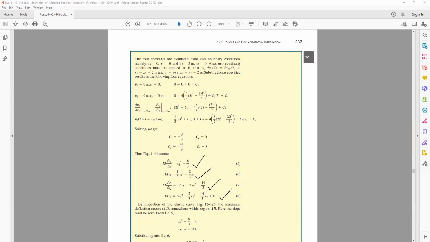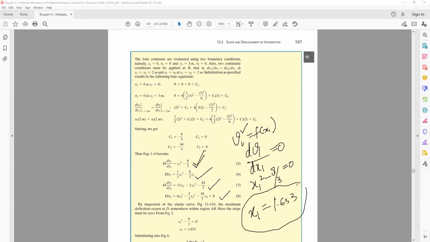In order to find the maximum deflection, look, your deflection nu1 is a function of x, and this function nu1 will attain the maximum value where d nu1 by dx1 is equal to 0. That is, x1 square minus 8 by 3 is equal to 0. So the value of x1 comes out to be 1.633.